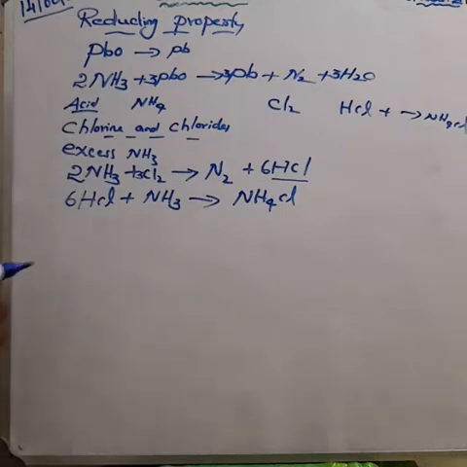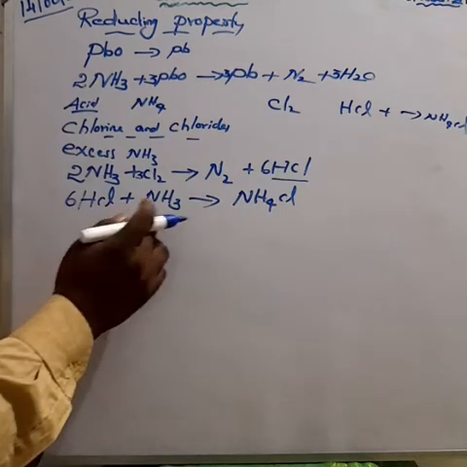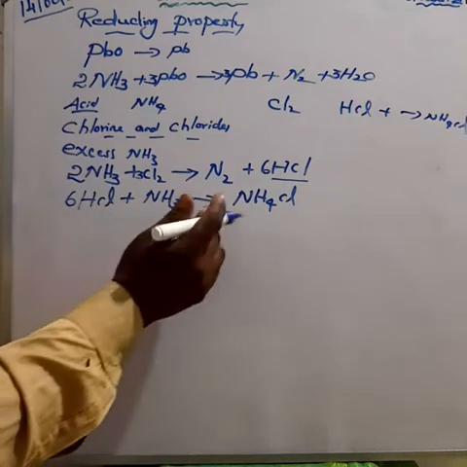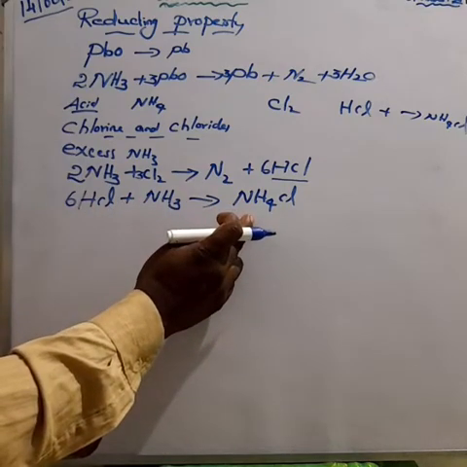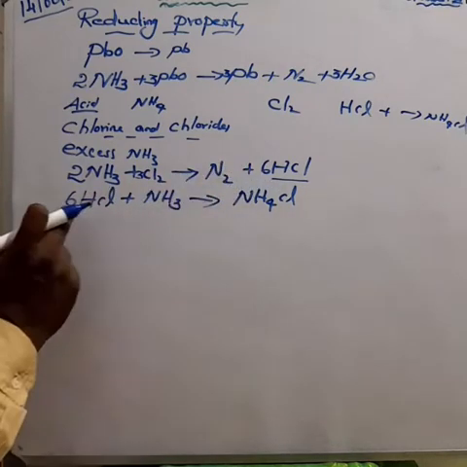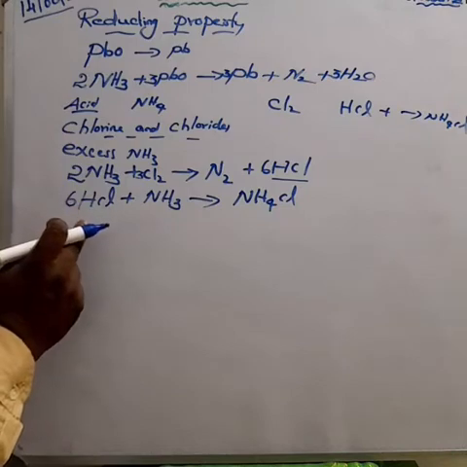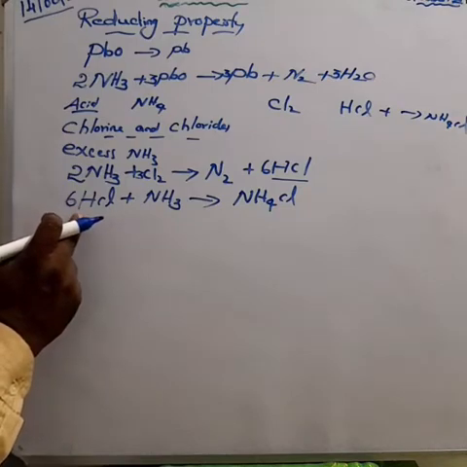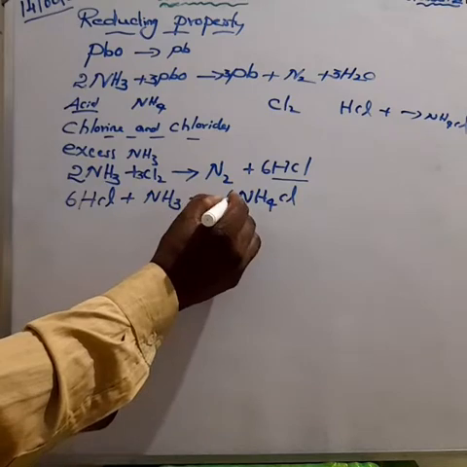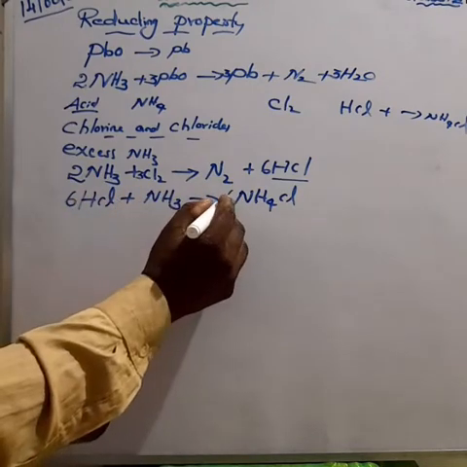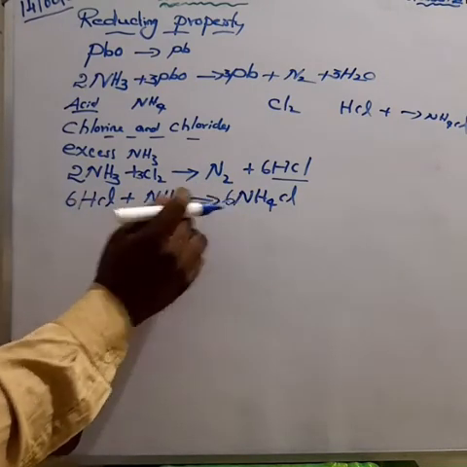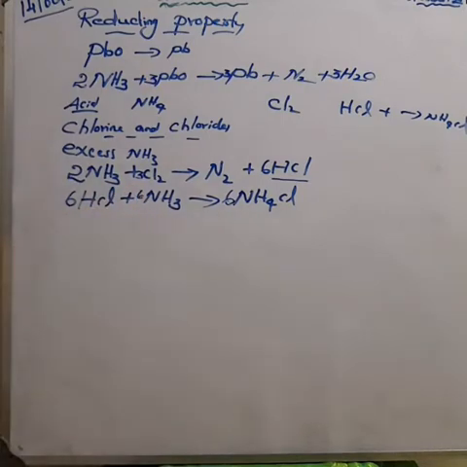So 6 moles of hydrochloric acid; on the product side chlorine is 6, so 6 molecules of ammonium chloride. How much ammonia is there? 6 ammonia, so make the reactant side 6 molecules. So the equation is balanced.